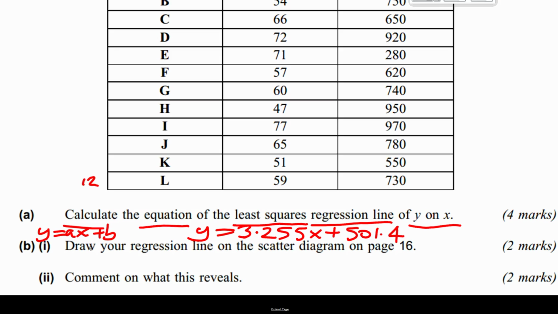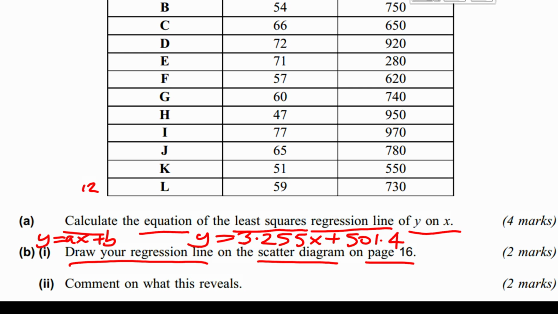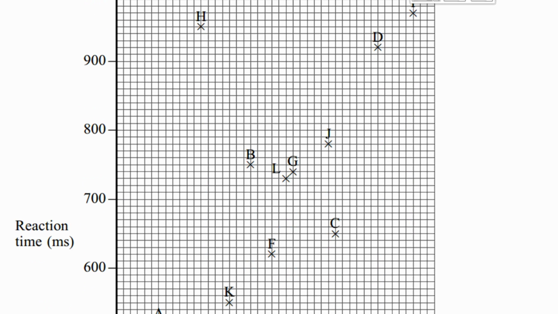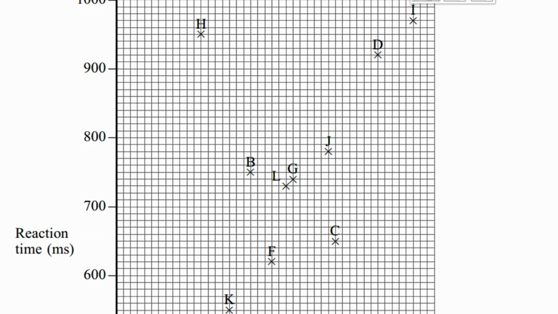The next part of the question asks us to draw your regression line on the scatter diagram on page 16. So let's get a scatter diagram up. I've got the diagram here on the screen, and now we've got to draw our line on it.